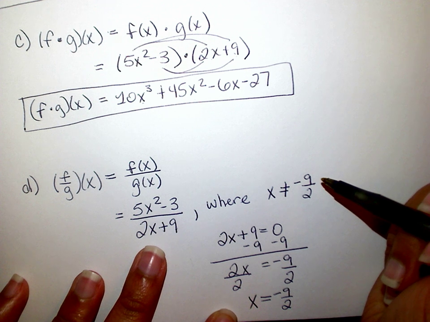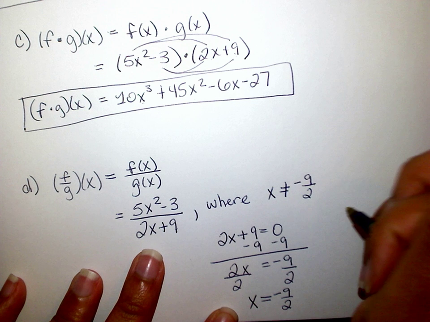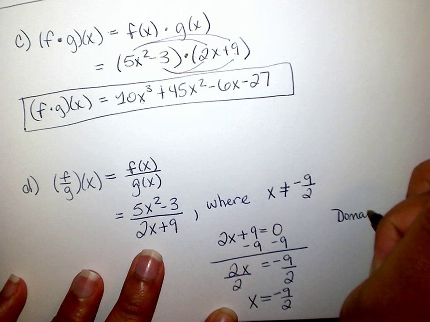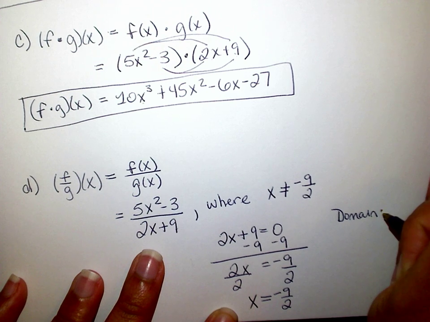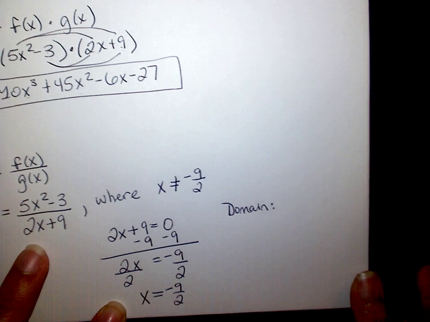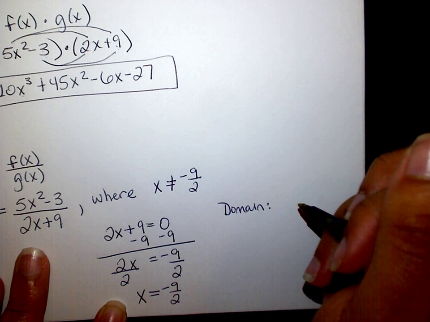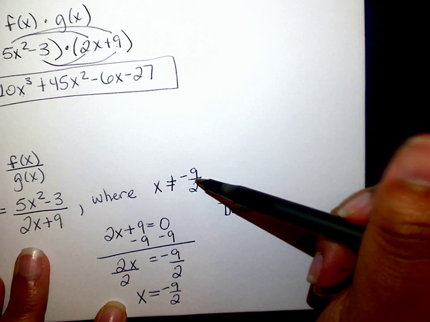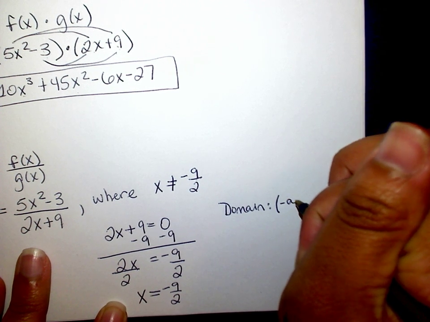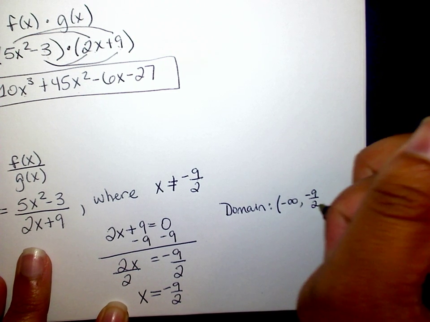So if we were going to write the domain for this function in interval notation, the domain would be all values of x except negative 9 halves. So starting from negative infinity, we'll go all the way up to negative 9 halves.